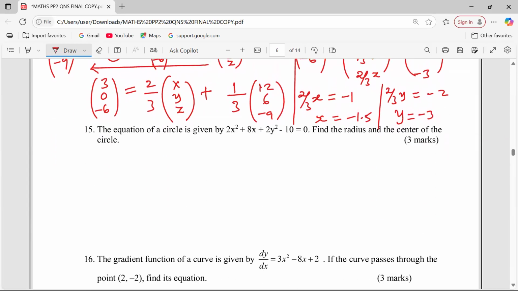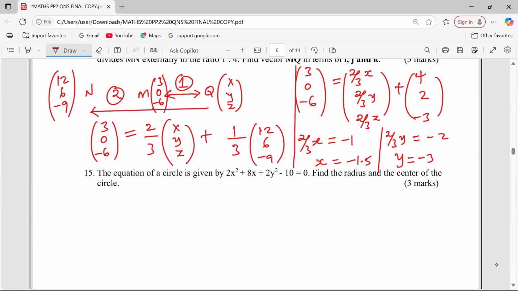What about z? For me to get z, I'm supposed to use the z components. 2/3 z equals -6 plus 3. Because the 3 is negative, it has to become positive. So how do we get z itself now, not x? So z shall be -3 times 3/2, giving us -4.5.